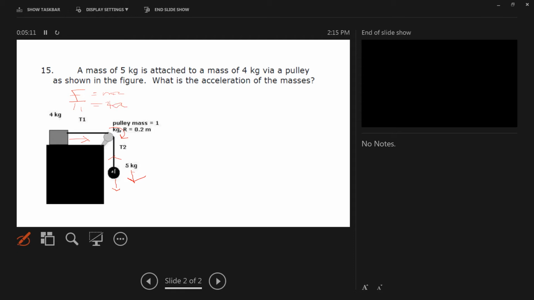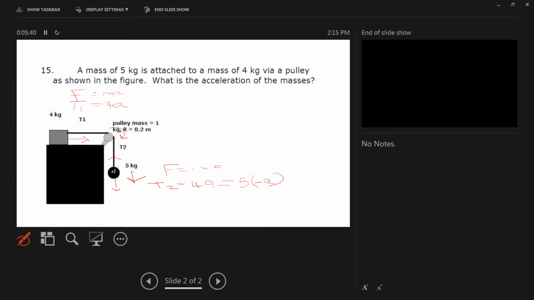F equals ma applied to the falling mass would be T2 acting upward minus the weight downward, which is 5 times 9.8, which is 49, equals 5 kilograms in the minus A direction.